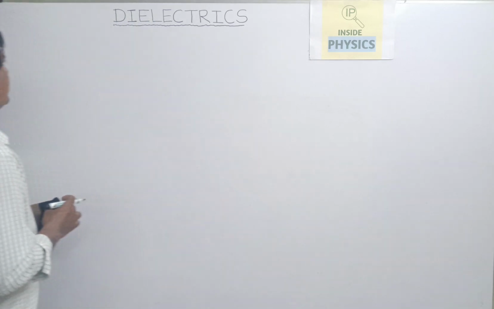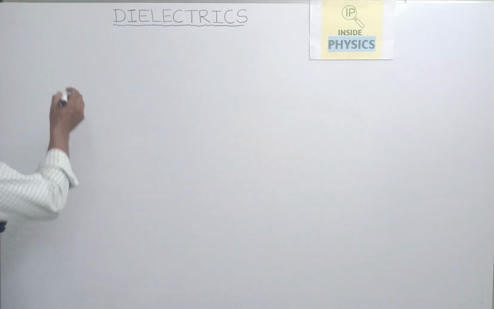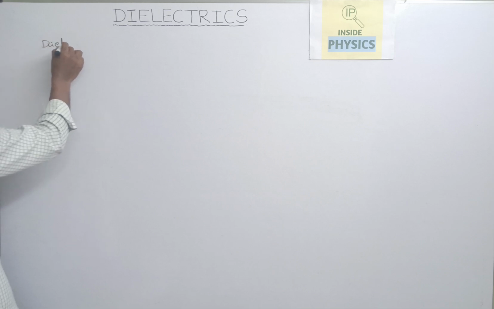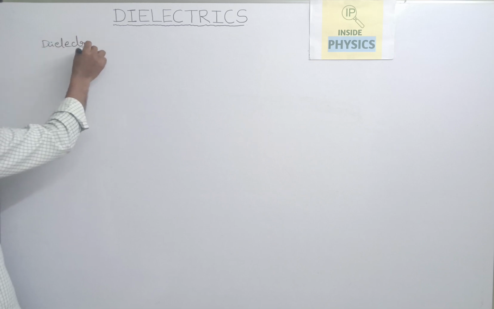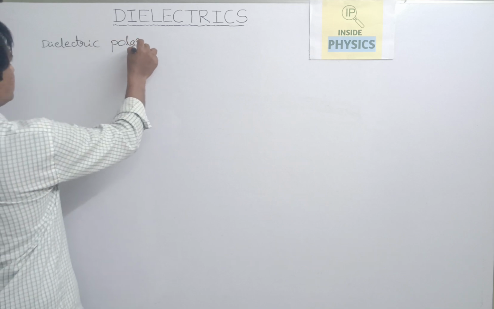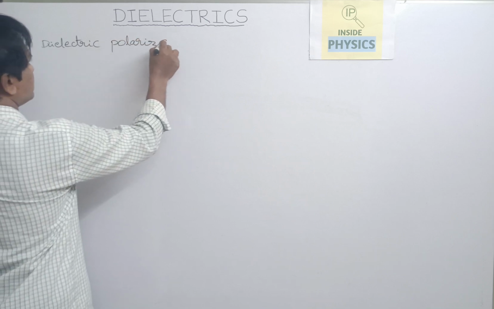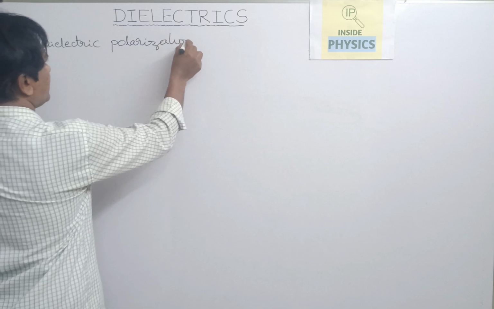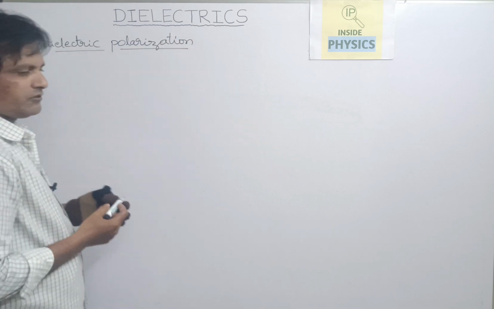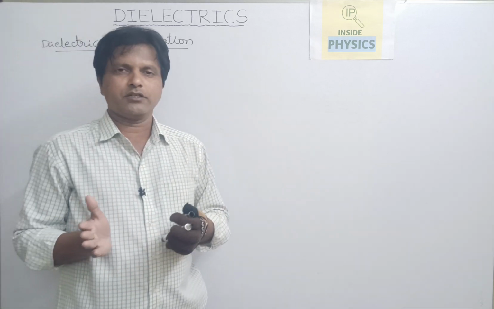Now we define how the dielectric polarization will happen. Dielectric polarization. Polarization means, in general, forming into a particular group.